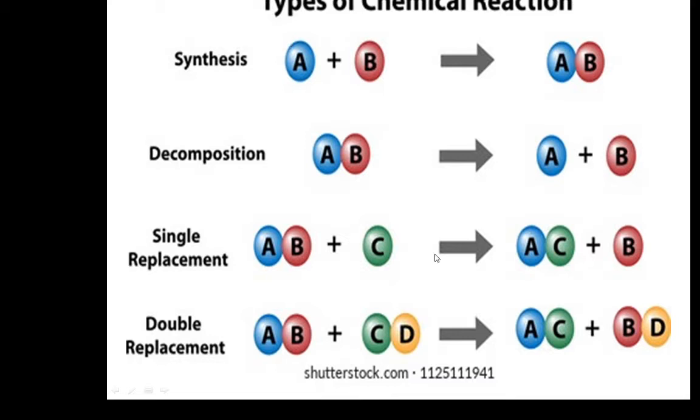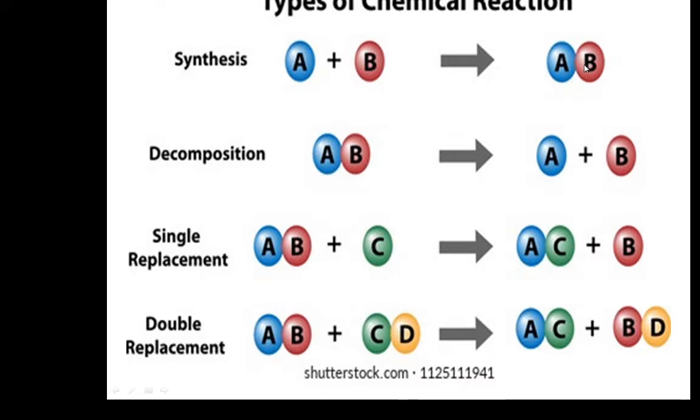If you look at this picture, there are two sides you can observe: the left hand side and the right hand side. The left hand side consists of the reactant part of any chemical reaction, and on the right hand side is the product side.